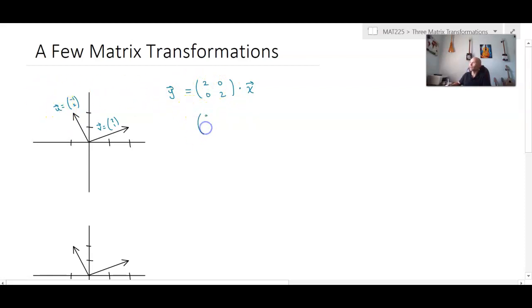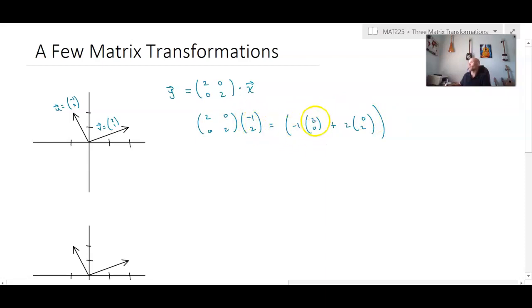So if I take the product between 2, 0, 0, 2, and my first vector U, -1, 2, the way we carry out that multiplication is -1 times the first column plus 2 times the second column. Notice that we're doubling the -1.